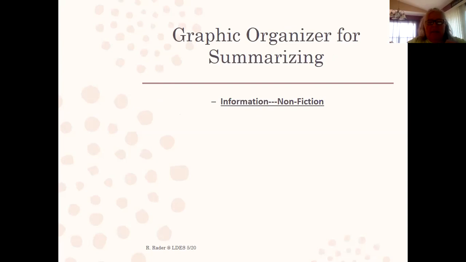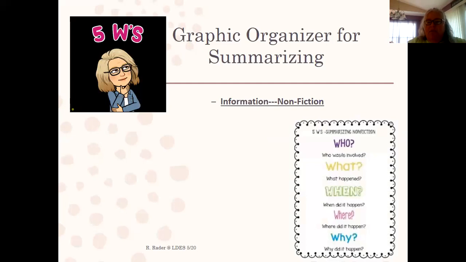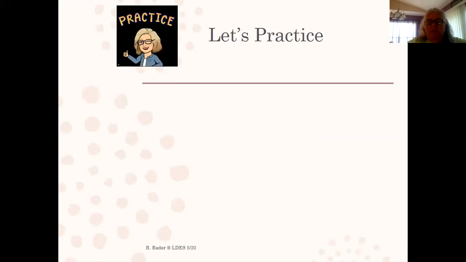Does anybody know what we would use to summarize nonfiction informational text? Say it a little louder, I didn't hear you. That's right, the 5 W's: who, what, when, where, and why. Very good.